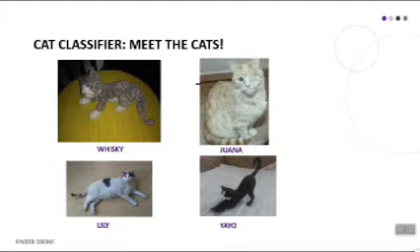So we are going to train our classifier for these 4 cats. The idea of the project is that you will record a video of your cat, and then the drone has to find it. In this case we are going to record videos for these 4 cats.